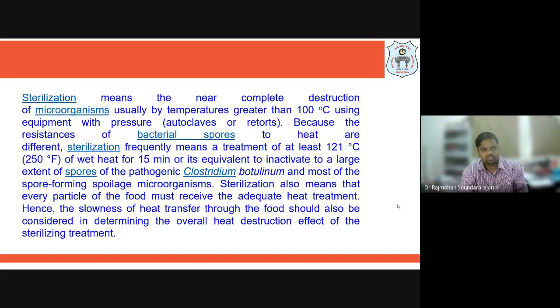So when you define the term sterilization, it means a near complete destruction of the microorganisms, usually by temperatures above 100 degrees Celsius. Usually we increase the pressure also, right?